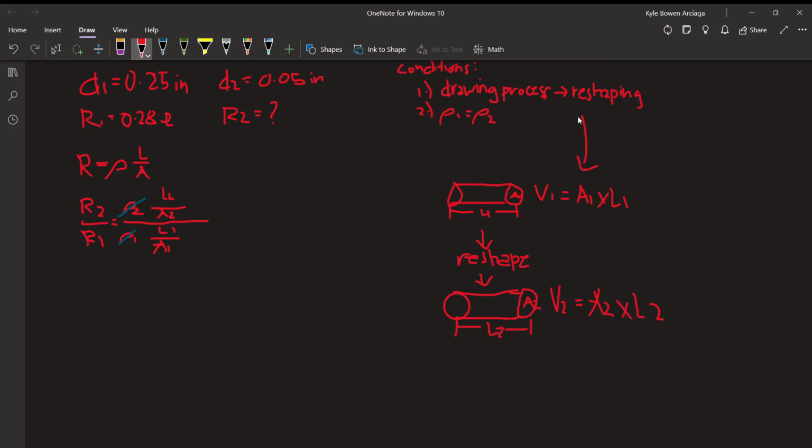Since this conductor was only reshaped, the volume of this conductor V1 is just equal to the volume of this conductor V2. Using this relationship, we can manipulate this equation by multiplying area on the other one as well.